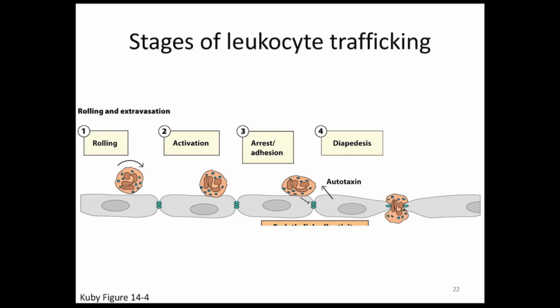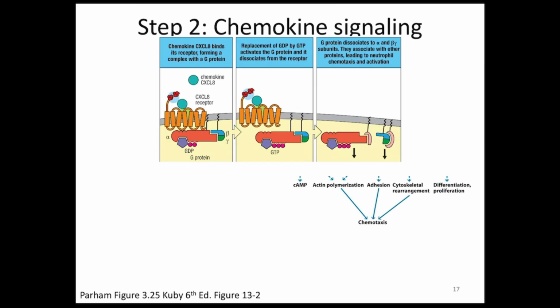So the other thing that is happening with our chemokine signaling, when we have this chemokine receptor and we're getting this signal in the cell, this also is going to tell the cell, make the stop protein ready now.